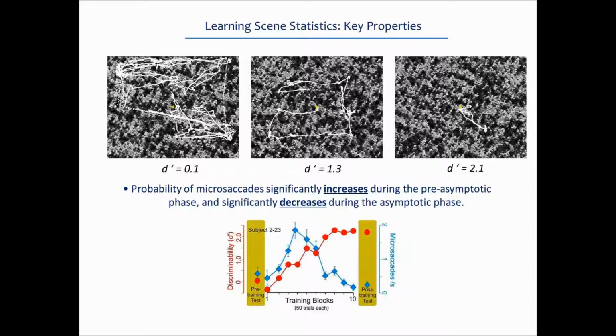And this is summarized here for one subject. The red dots are the D prime, the subject's past performance, and the blue diamonds are the frequency of microsaccadic epochs. It goes up, and then shows this characteristic V-shaped curve.